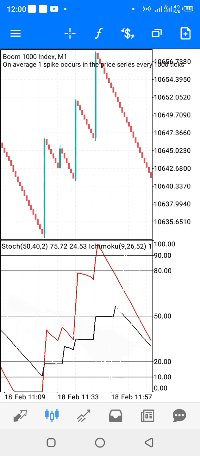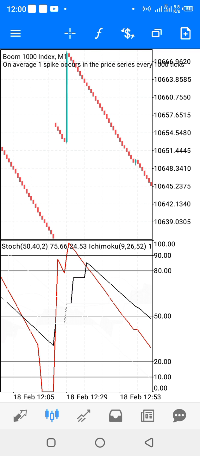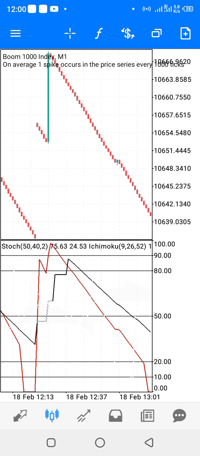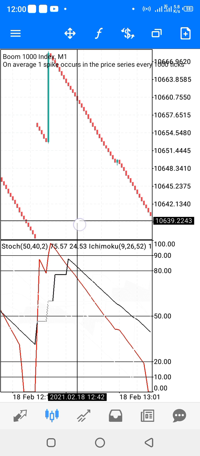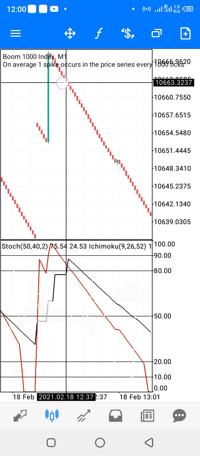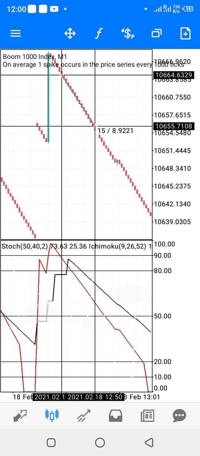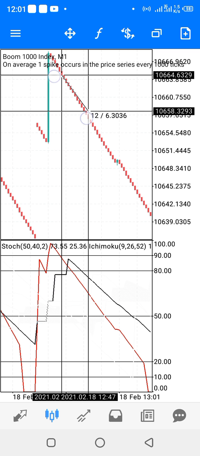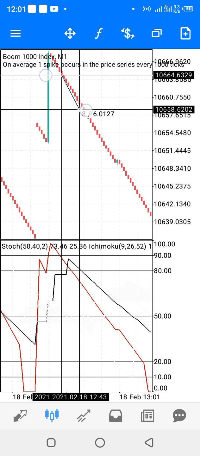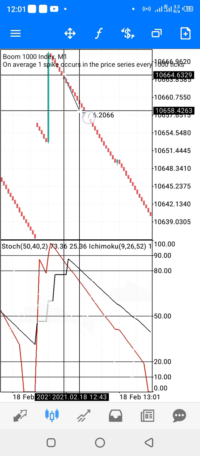With this, you can enter any big amount. You can enter from here, and then don't be too greedy. 13 pips is too much. You just look for at least 10 pips. This is on the 1 minute time frame. Sometimes I even pick just 7 pips.